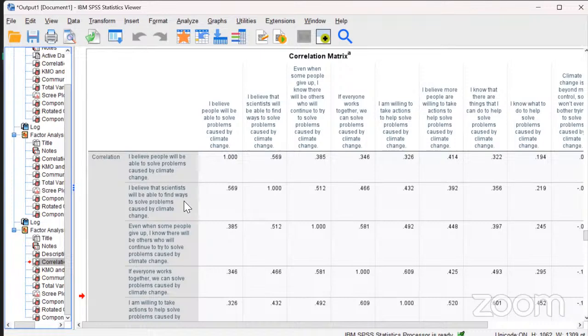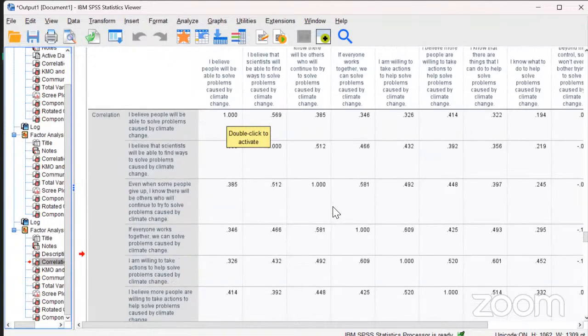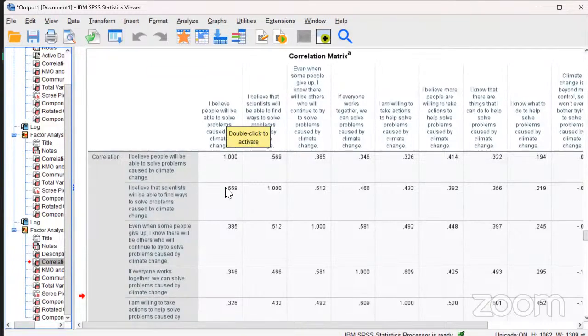Okay, now you find out the correlation. Not the loading, it is the coefficient. Yes, sir, this is the correlation matrix. The correlation between item 1 and 2 is 0.56. With item 1 and item 3 it is 0.385.